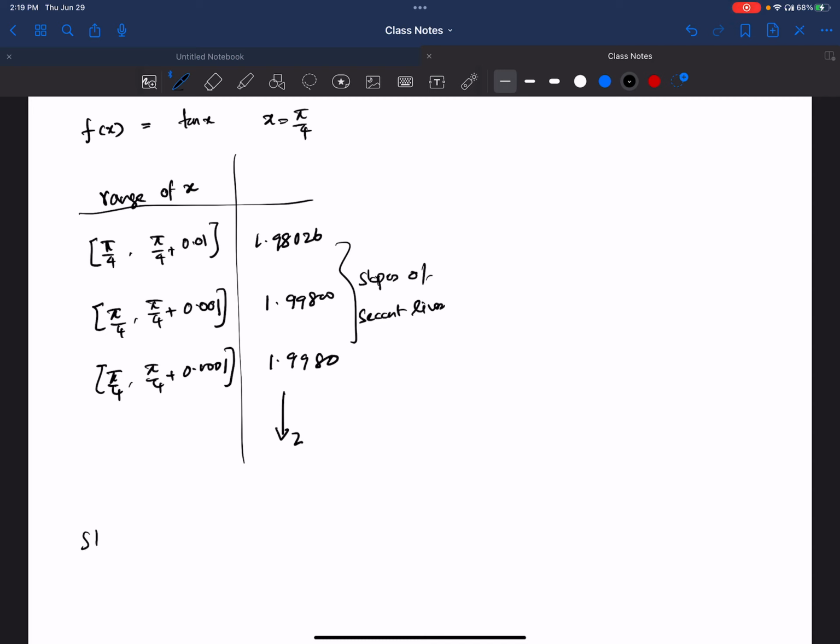And then the slope of the tangent line is the limit as delta t goes to 0 of tan p minus tan pi over 4 divided by p minus pi over 4, and that goes to 2 from the numerical table.